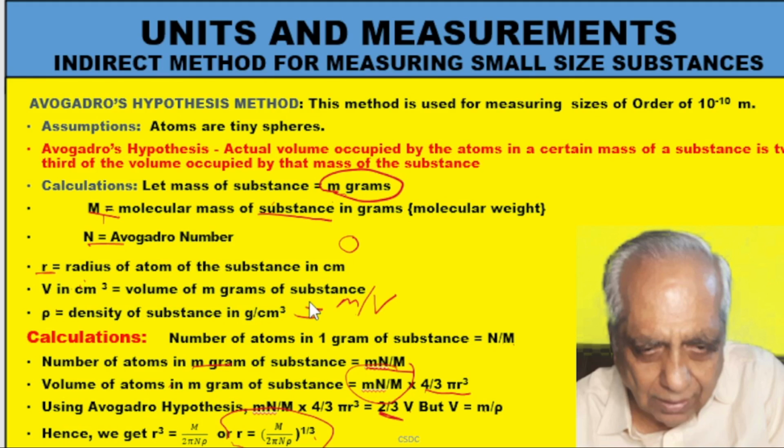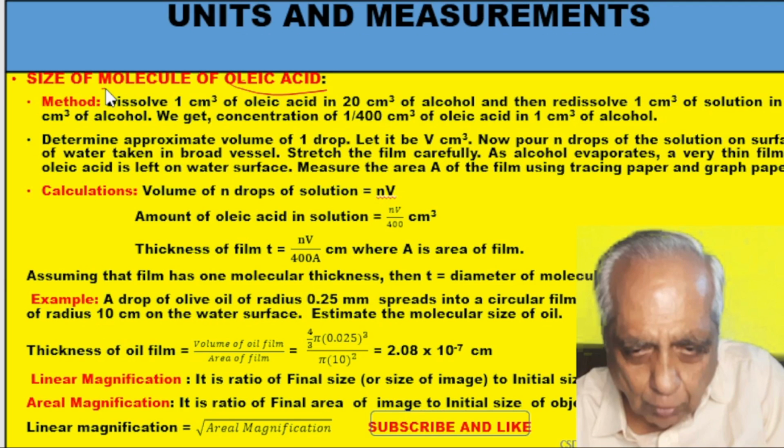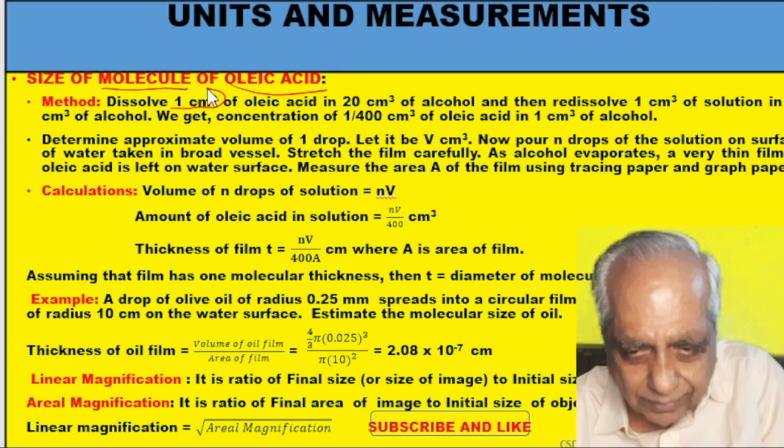I am taking oleic acid. I want to find the size of the molecule, meaning the radius of the oleic acid molecule. So what is my method, how will I do the experiment? I will take 1 centimeter cube, 1 cc of oleic acid, and dissolve it in 20 centimeter cube of alcohol. This measurement has to be very accurate.